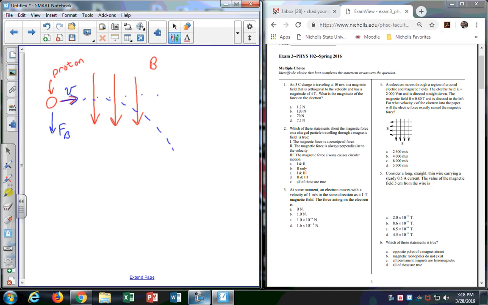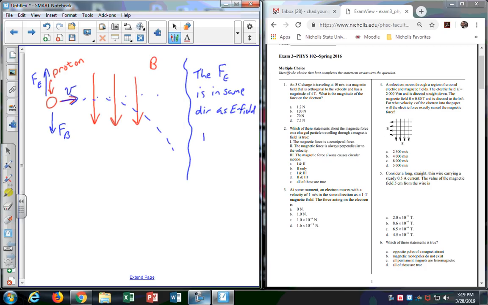However, I can add an electric field that will cause this proton to not be pulled down, but to pull it up. So I want to know then, what is the electric field that will cause a force to go up? And you need to remember, because you'll probably have a question like this on the test, that the force due to the electric field is in the same direction as the electric field.